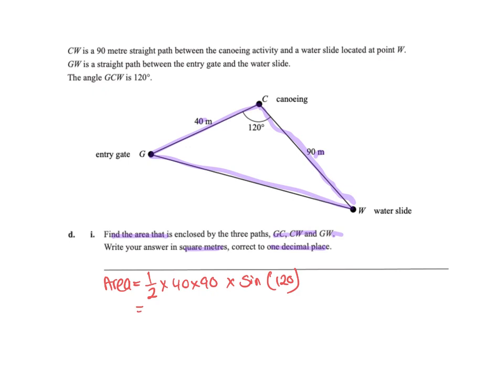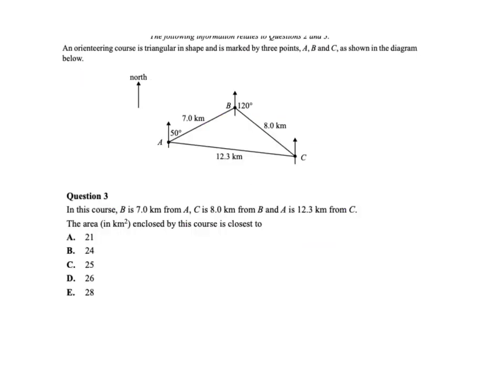Just doing it on the calculator now. Make sure your calculator's in degrees. So just checking. I get 150. Now it said square meters to 1 decimal place, so I get 1558.8 meters squared. All right, so there's a part in the short answer exam.